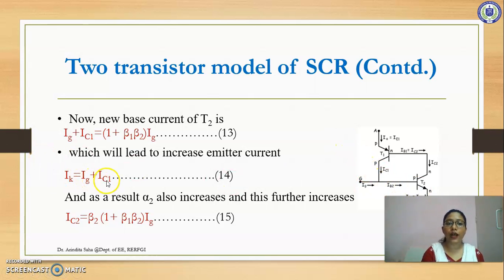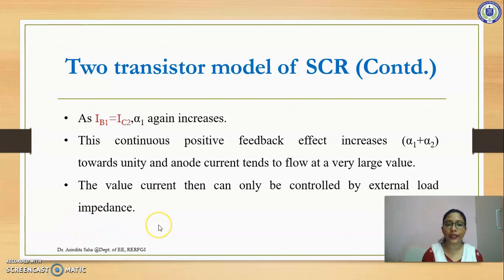IK is equal to IG plus IC1. As a result, alpha 2 also increases, and this in turn further increases our IC2. So now IC2 becomes beta 2 into (1 plus beta 1 beta 2) into IG. As IB1 is equal to IC2, this in turn again increases our alpha 1.